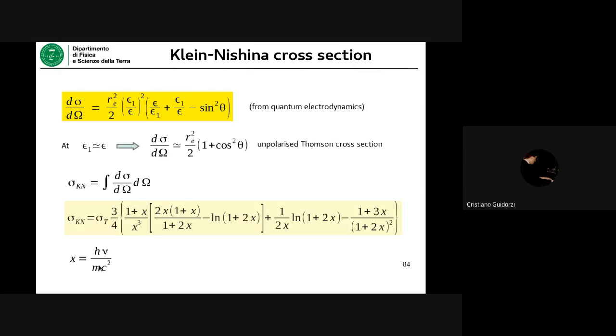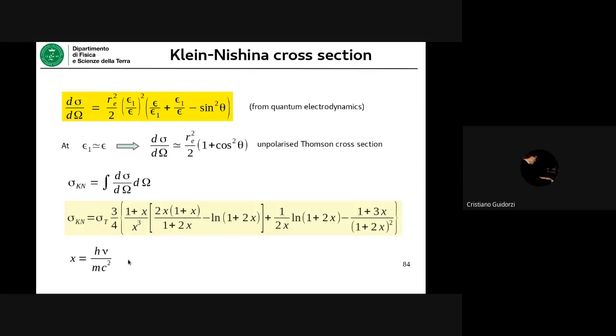In particular, when x is much smaller than 1, you should immediately recover sigma Thomson, because you know the total cross-section in the case of Thomson scattering. And indeed, the Thomson scattering regime corresponds to low energy photons, so x is much lower than 1.